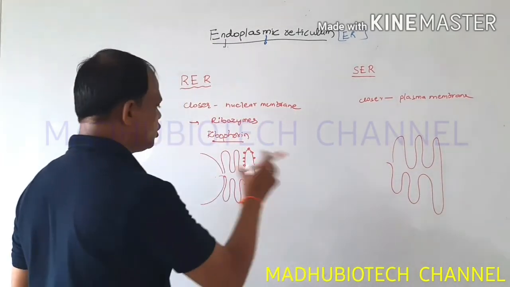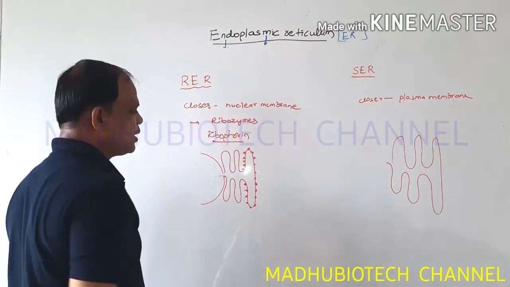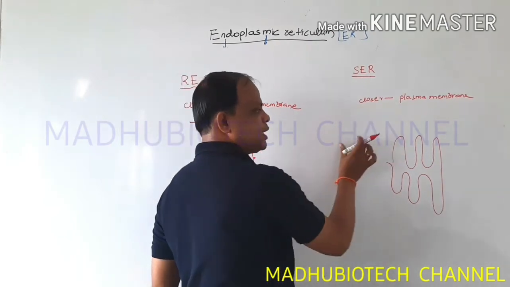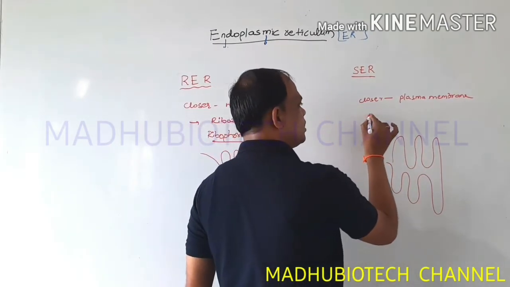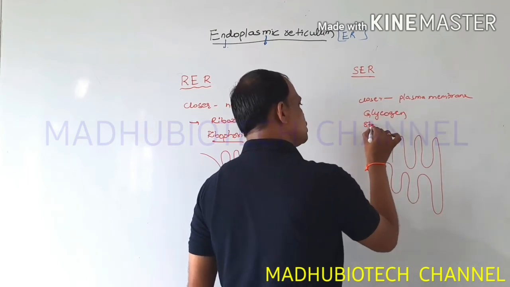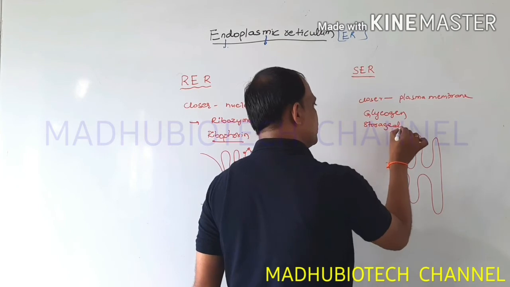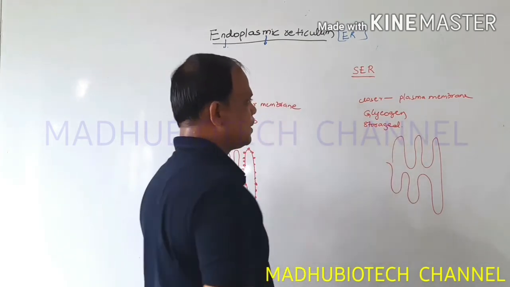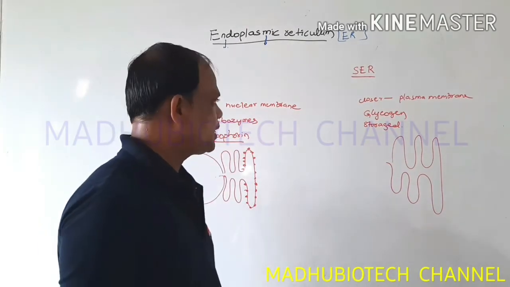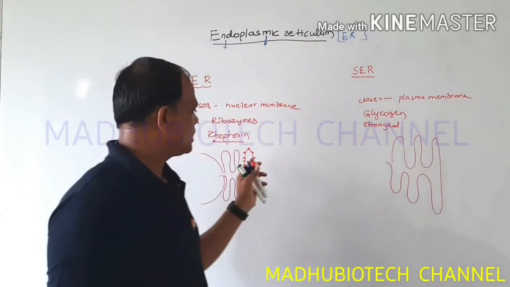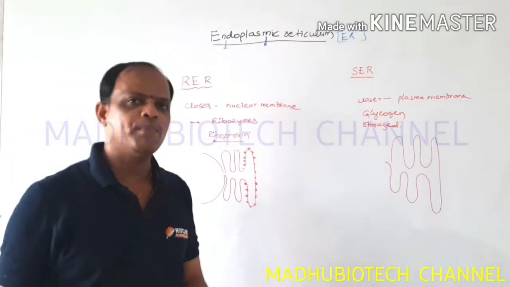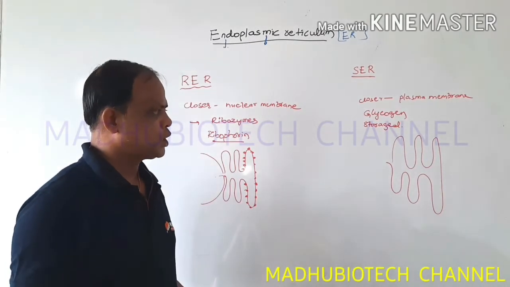This is the smooth endoplasmic reticulum, and this is the rough endoplasmic reticulum. The smooth endoplasmic reticulum is mainly present in glycogen storage cells, adipose cells, and sperm cells. So based on the attachment of ribosomes, there are rough and smooth endoplasmic reticulum.